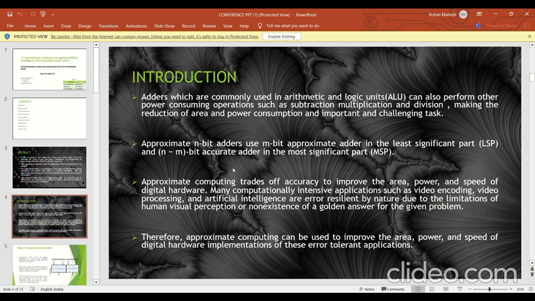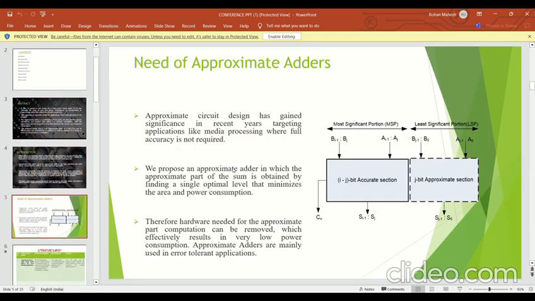Coming down, why do we need approximate adders? Approximate adders are very important where exact calculations are not required. Let us understand this by taking an example of a portrait photograph. In a portrait photograph, the person in the photo is more concentrated and all the background views are blurred.